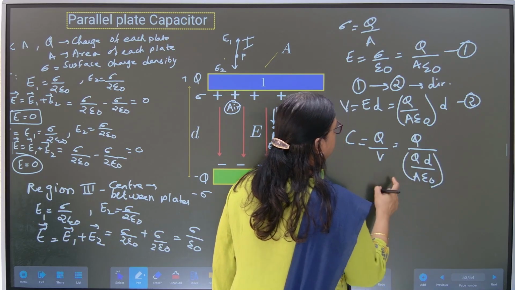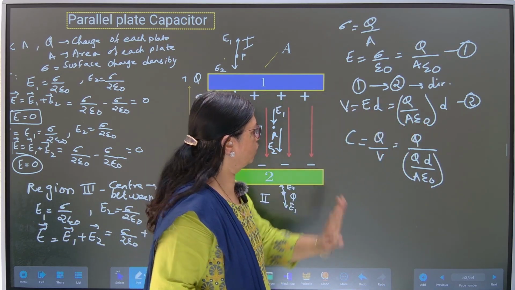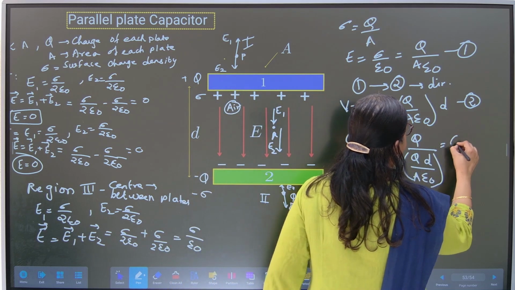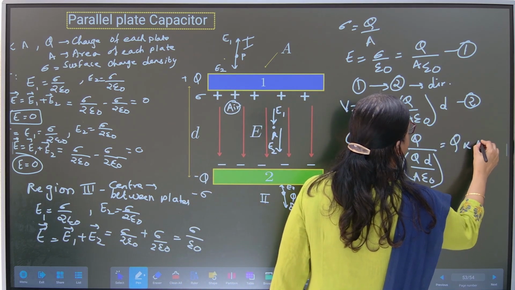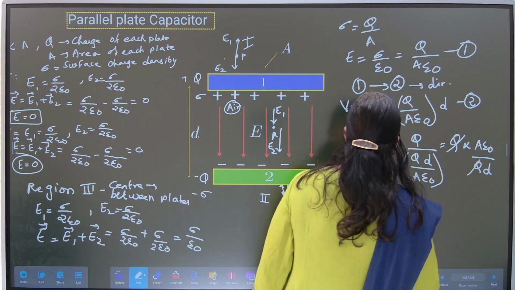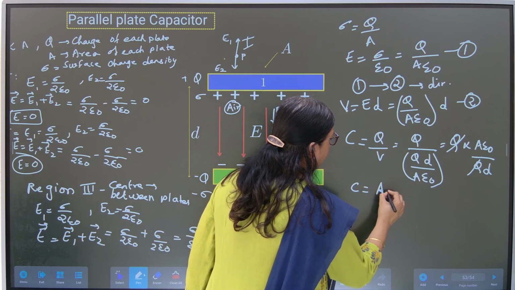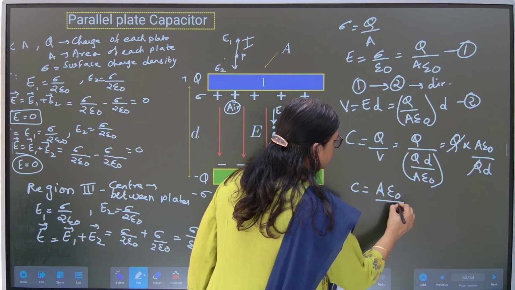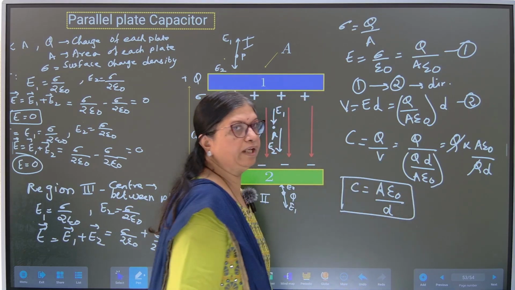So this portion is the substitution of V from equation 2. Then we take its reciprocal, Q multiplied by A epsilon naught by QD, where Q cancels, and we get capacitance C is equal to A epsilon naught upon D.